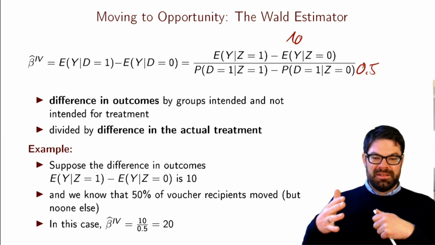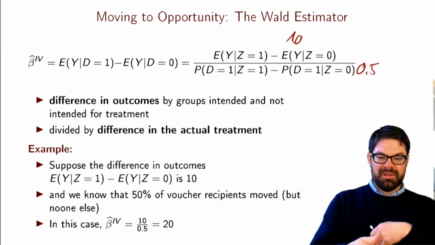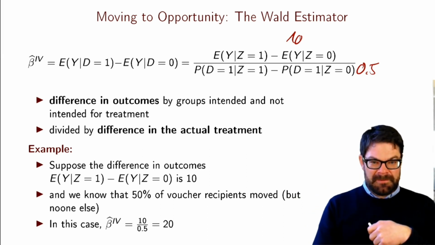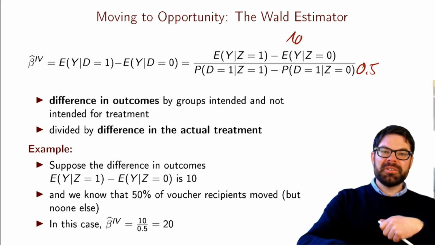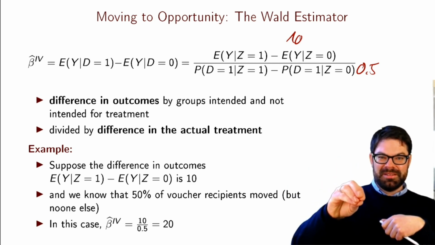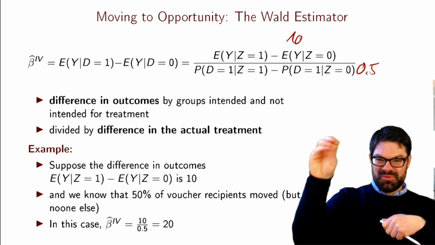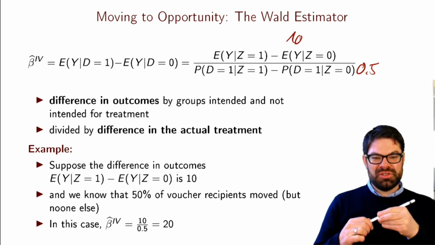Well, of those people who received a voucher, 50% moved. Right? And for each person who moved, their outcome increased by 20. Right? And then 50% times 20 is 10. That would give you then the intention to treat.